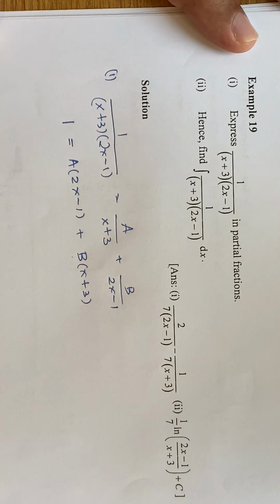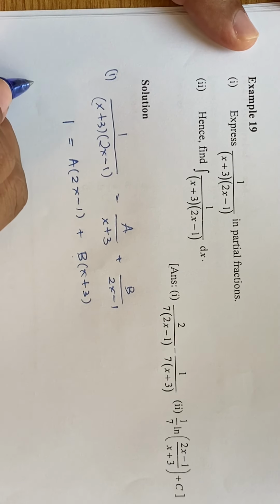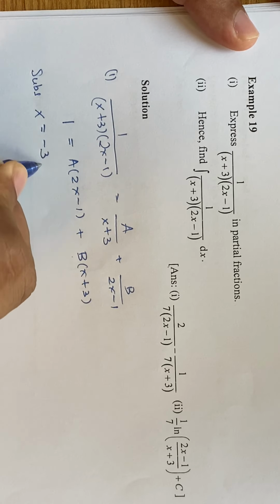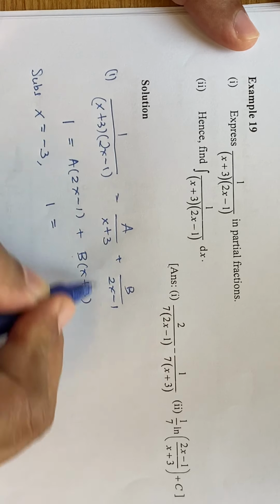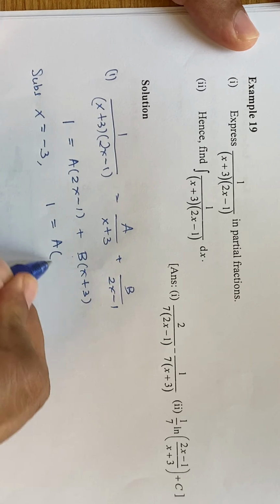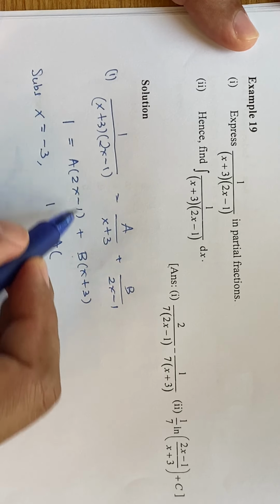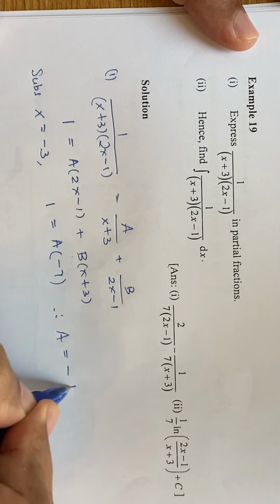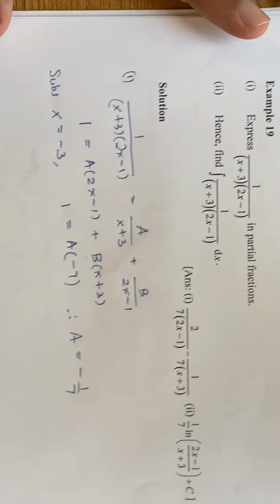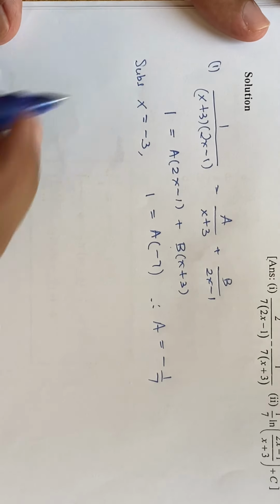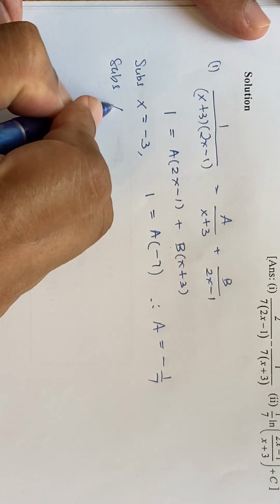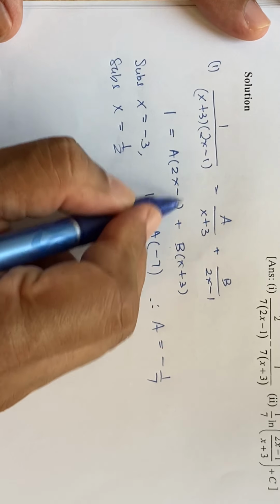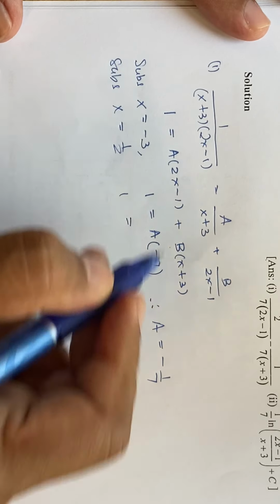I'm going to use the substitution method. If I substitute x equals minus 3, this will be gone. So a will be, this is going to be minus 6 minus 1, minus 7. So your a will be minus 1 over 7. When I substitute x equals half, this is going to be eliminated.